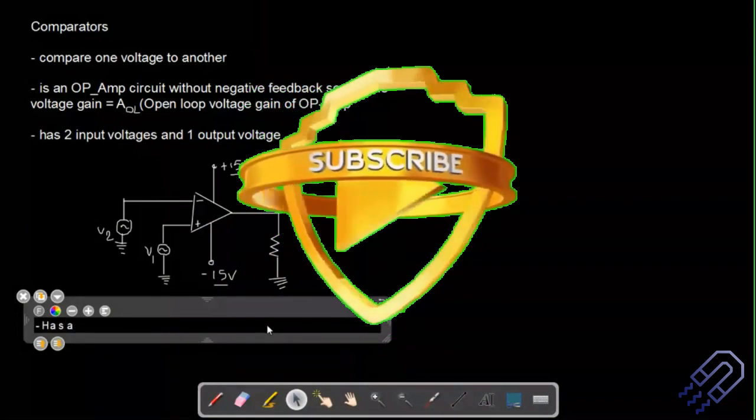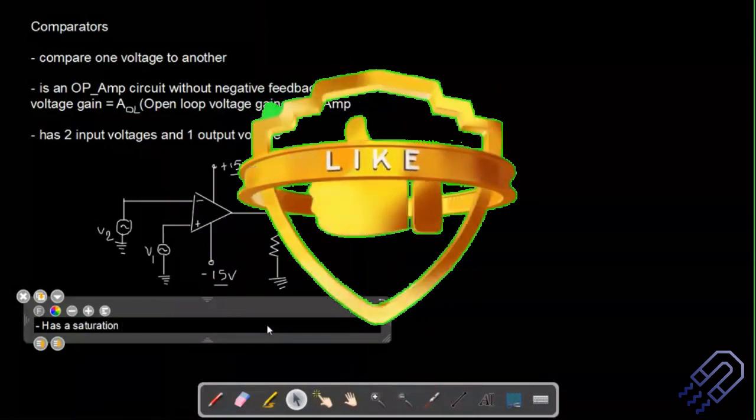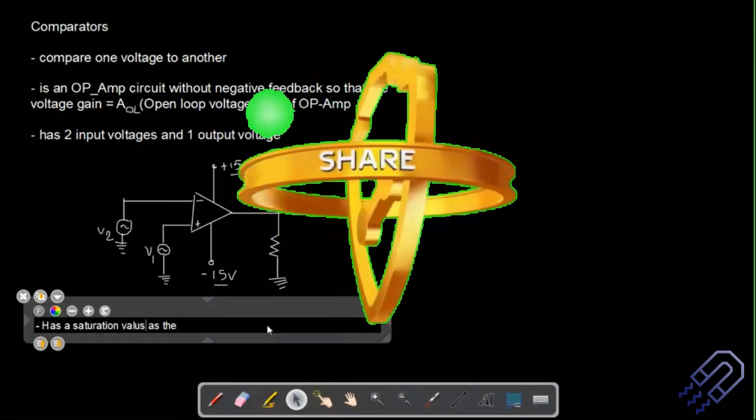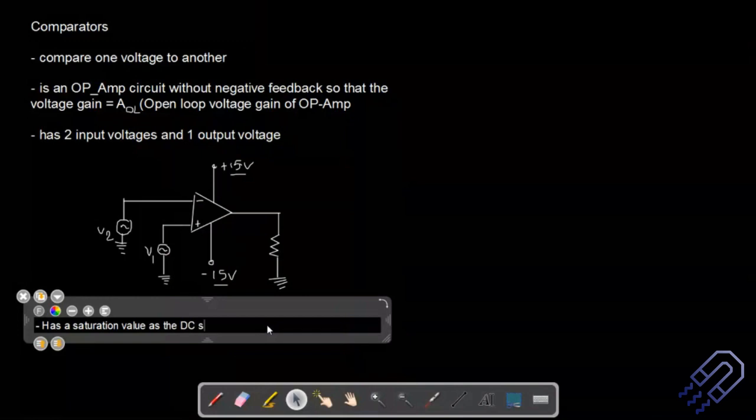It has a DC saturation value, because the DC supply voltage is 15 volts. It depends on the supply voltage, and that's around 15 volts.